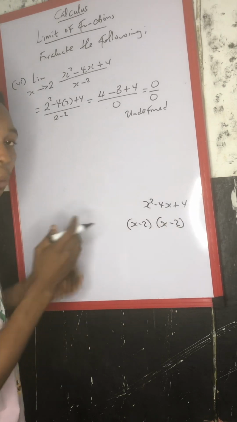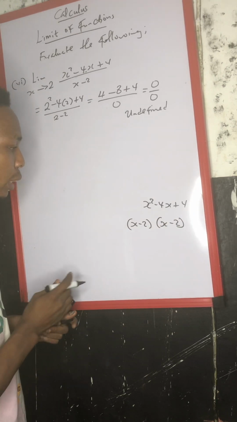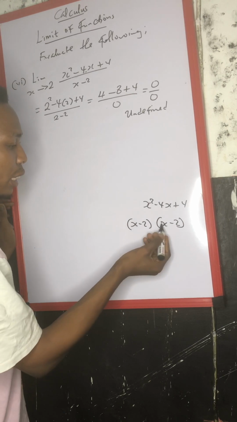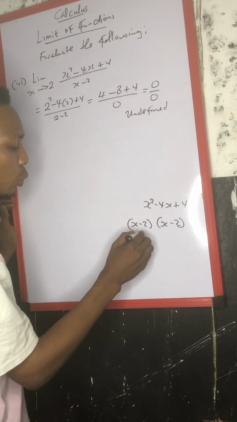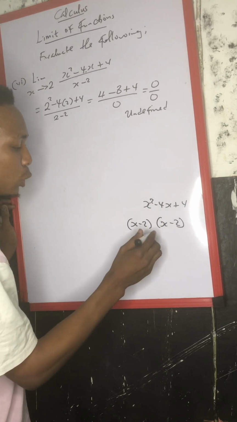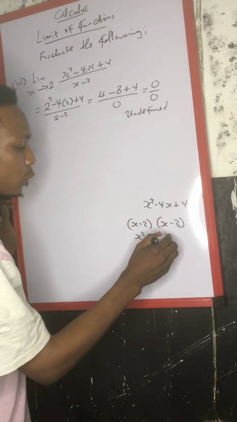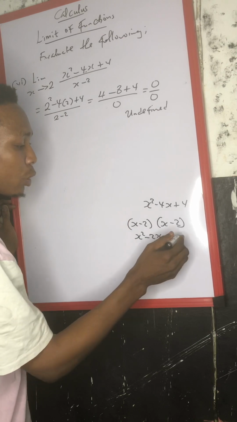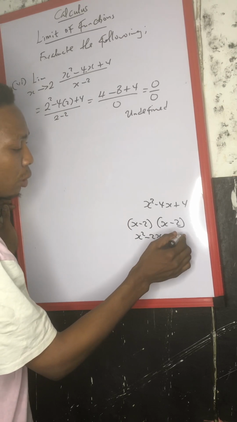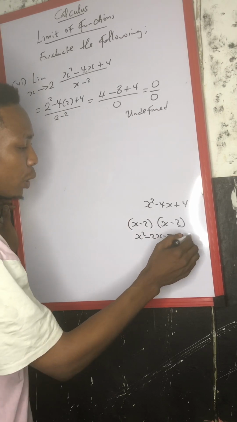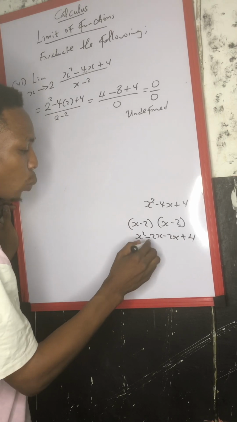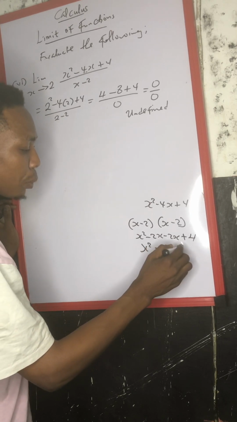If you open up this expression, x times x gives us x squared, then x times minus 2 gives us minus 2x, minus 2 times x gives us minus 2x, and minus 2 times minus 2 gives us plus 4. So it becomes x squared minus 4x plus 4.